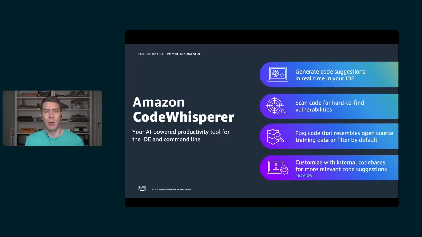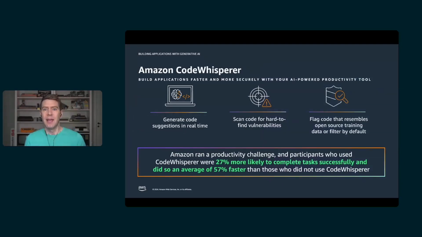It also helps you with a lot of this undifferentiated heavy lifting that I mentioned. For instance, security issues, knowing if the code is appropriate for use, and so on. And Code Whisperer can generate a lot of code for developers, and it can also accelerate the way you develop applications by freeing up developers to focus more on the business critical problems, the ones that they weren't able to get to before.